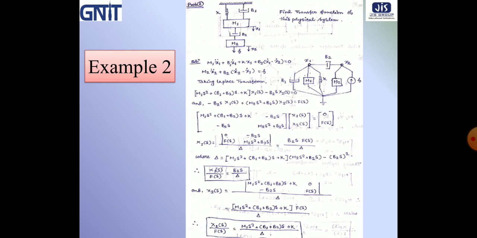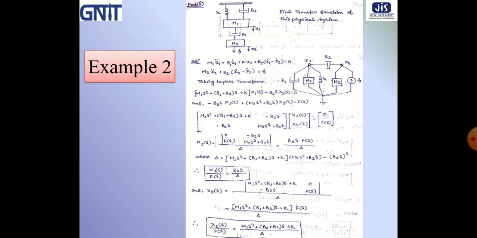And in this way we have to connect B1. Just look at the mechanical system: one end of B1 is connected to the reference point, and one end is connected to mass m1, and the mass m1 is connected to x1. So you have to connect one end of B1 in the mechanical circuit diagram to x1.